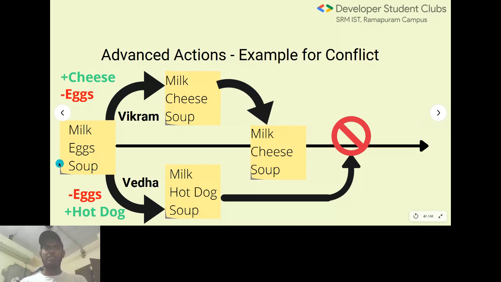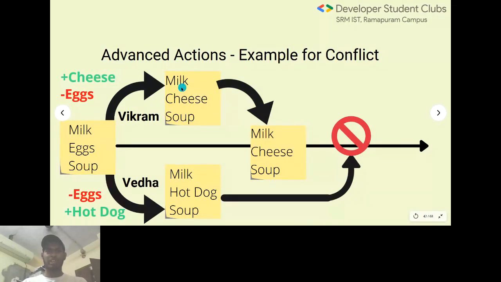So how does it happen? Let's say there's a list: milk, egg, soup, and there are two developers working on it and making some changes. Vikram pulled this, and he works on it. He added cheese and removed eggs in his workspace.